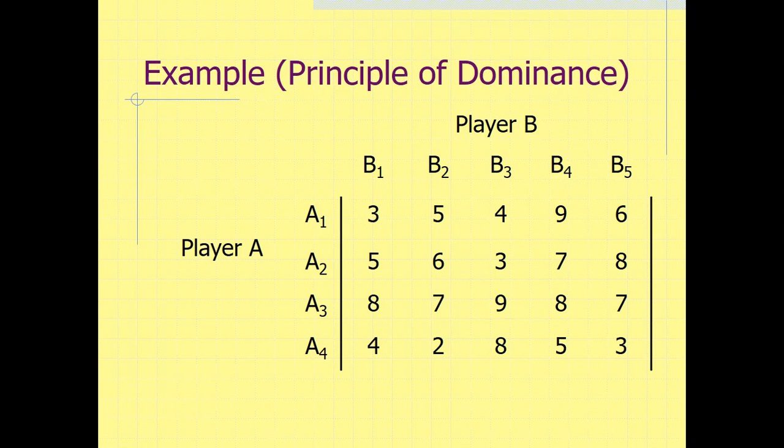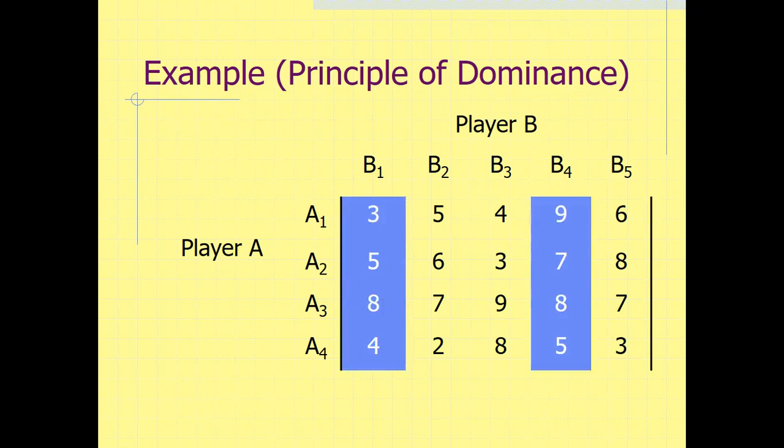However, we shall reduce the payoff matrix by applying the principle of dominance. If we look at the columns of the given payoff matrix, we observe that the elements of the fourth column are greater than or equal to the corresponding elements of the first column.